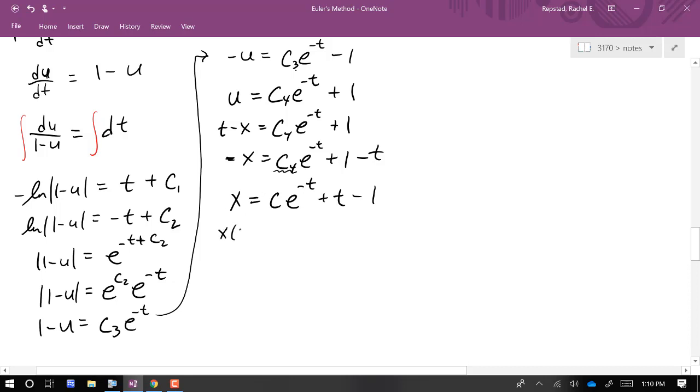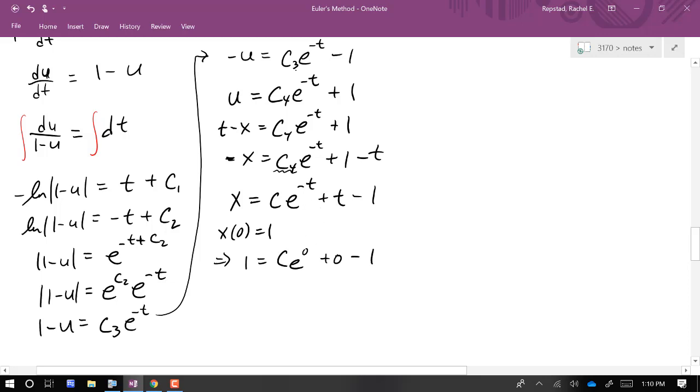So they told us that x of 0 equals 1, and that means that 1 is equal to c e to the... oh no, sorry. T is 0, so e to the 0, and then plus 0 minus 1.